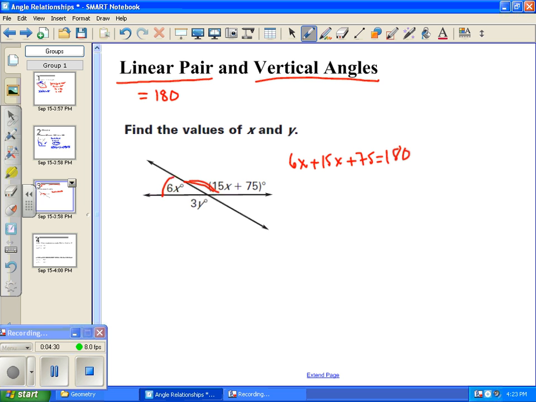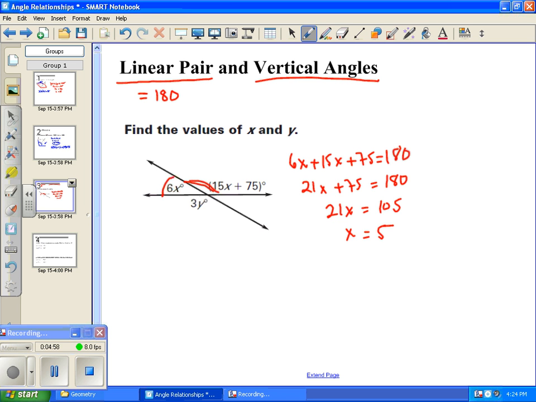Okay, so we solve. Combine like terms. Subtract 75 from both sides. And divide by 21. So that gives us x equals 5. Okay, so that has only given us x. Now to find y, we need to do a little something before we get there.